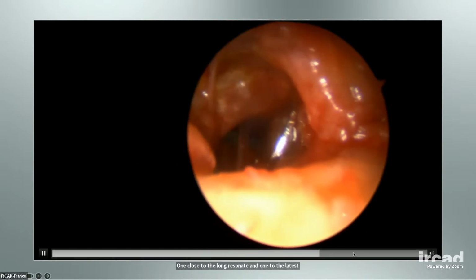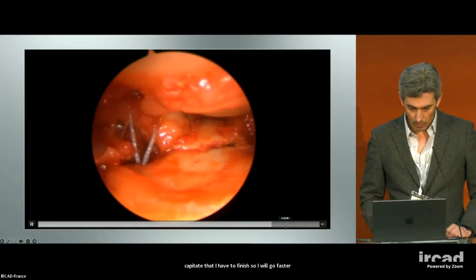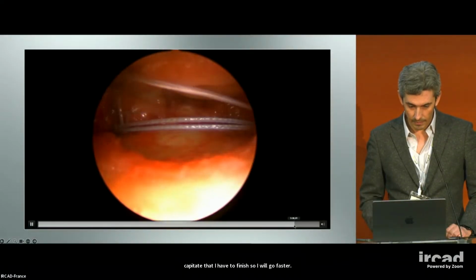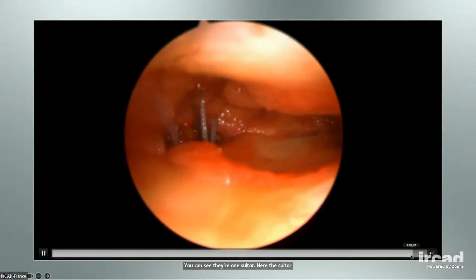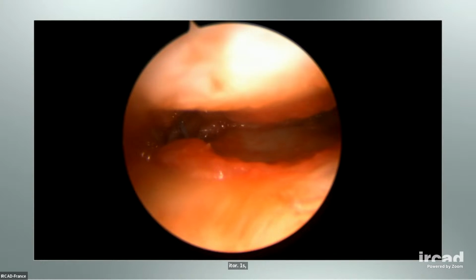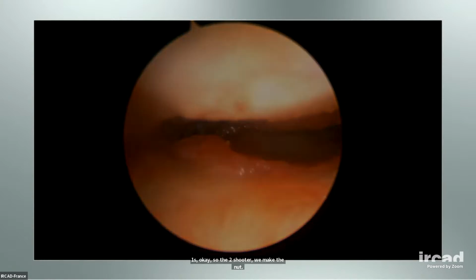But I have to finish, so I will go faster. You can see there one suture, the other suture. Okay, so the 2 sutures, and we make the knot like that, and we put again K-wire.